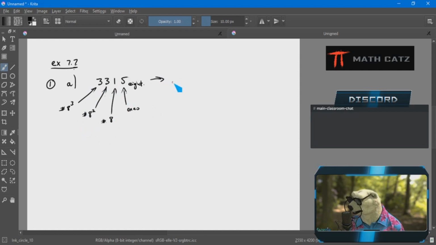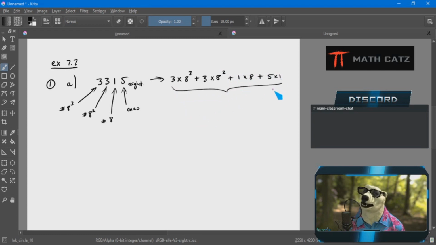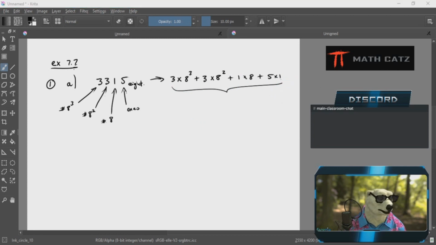So this then means right to left, left to right, it doesn't matter. 3 groups of 8 cubed plus 3 groups of 8 squared plus 1 group of 8 plus 5 leftover, or 5 ones.